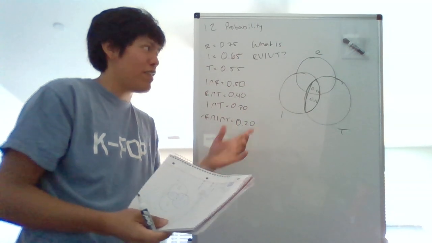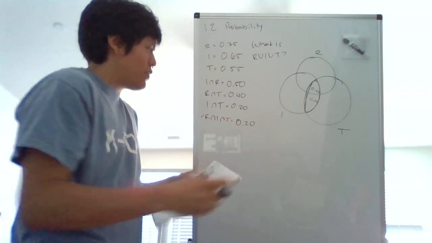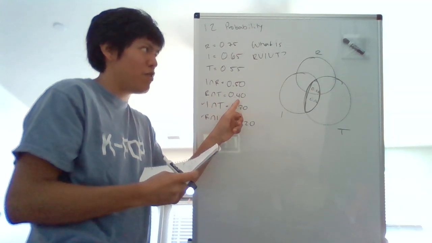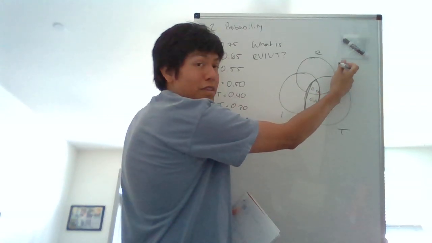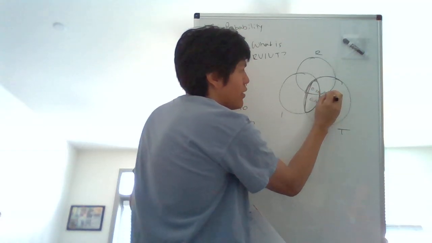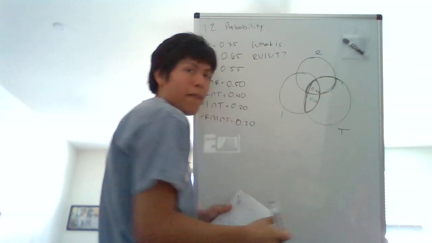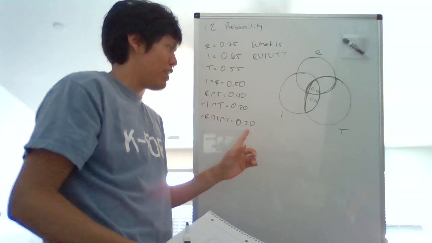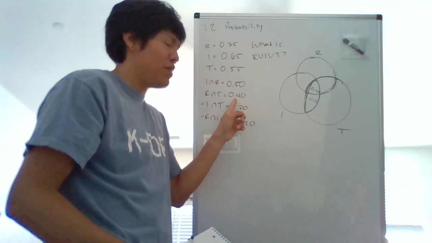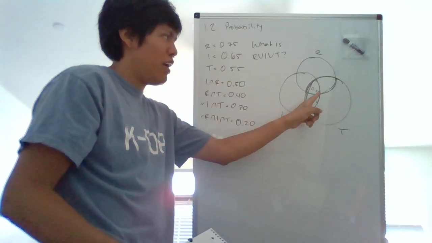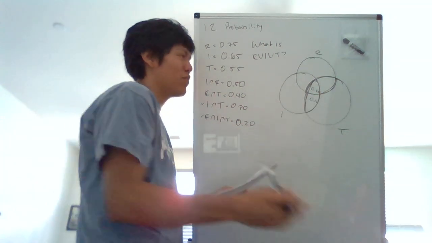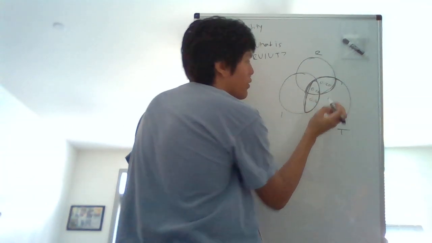And we're going to do this for every single section. So, okay, this is done. Households that have radios and toasters is 0.4. Radios up here, toasters down here. That means this section right here is what we're looking at. Now again, we don't want to double count. If we're given that that whole section is 0.40, and we already have that this middle section is 0.20, this remaining section would be 0.20.